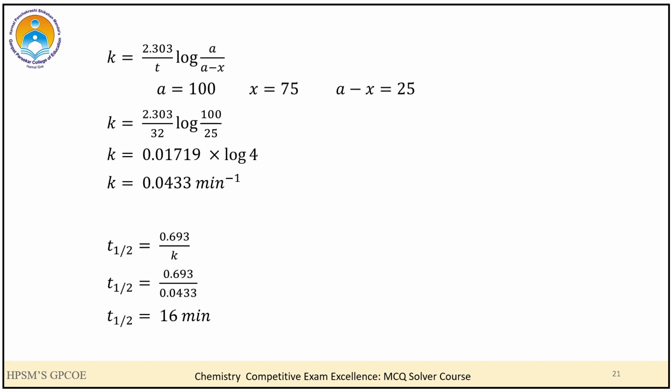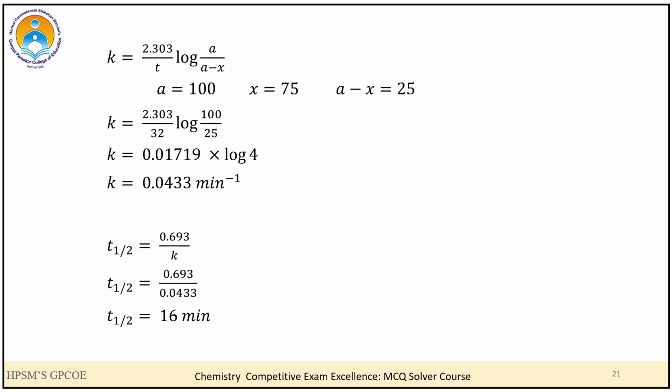Again, here we are talking in terms of percentages. So, A is taken as 100, X is 75 and A minus X, that is what is remaining in the solution, that is what is unreacted, is 25%. Substituting the values in the rate law equation, K is equal to 2.303 divided by 32 log of 100 upon 25.